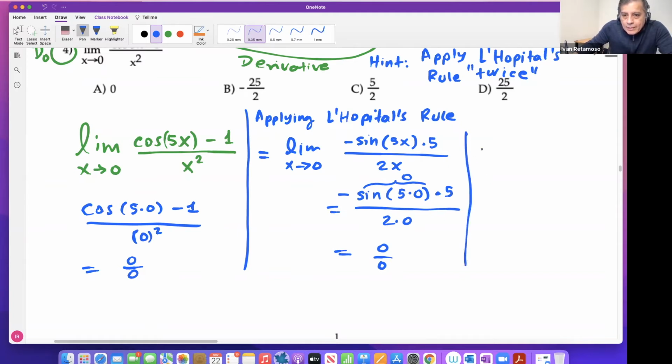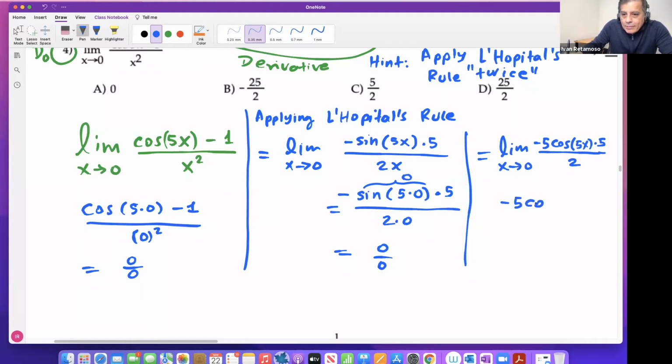So one more time, take derivatives of the numerator and denominator. The derivative of the numerator will be 5 and minus 1, so minus 5, the constant comes outside. The derivative of the sine function is cosine of 5x times the derivative of the inside function, 5, right? All over the derivative of this guy, 2. Direct substitution again.